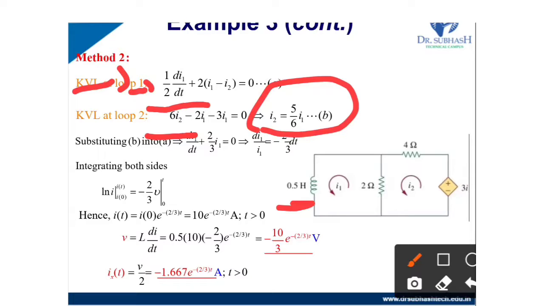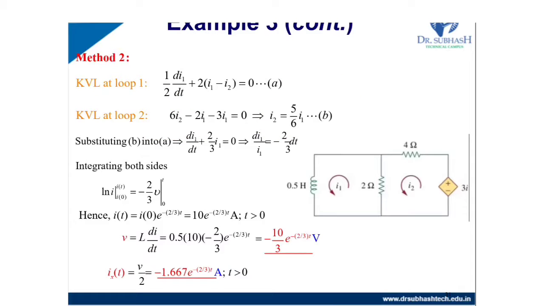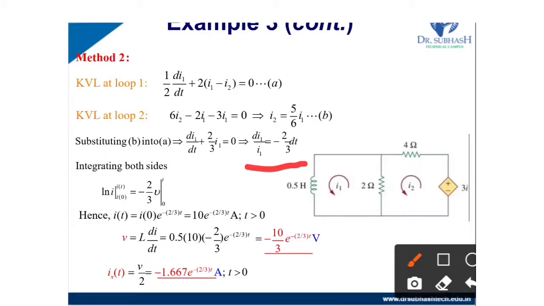So we will multiply all the terms by 2. So di1 by dt plus 2 by 3 I1 equals 0, because 2 will be multiplied with the 6. So di1 by I1 equals minus 2 by 3 dt.